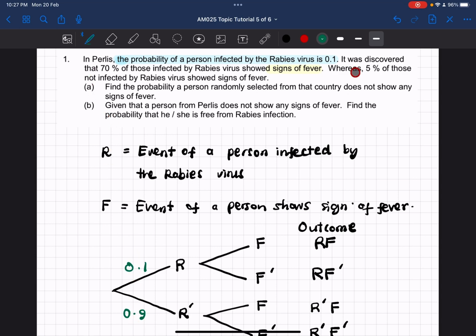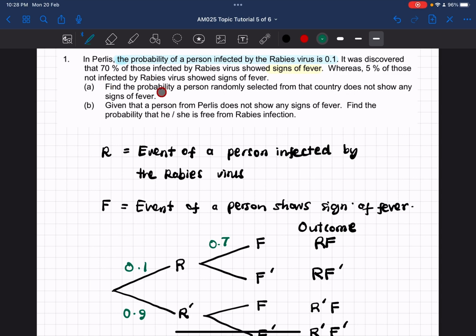Okay. It was discovered that 70% of those infected by rabies virus, so this is an event of those infected by rabies virus, 70% show the signs of fever. So we're going to put 0.7, because the event of F depends on this event of R. Whereas 5% of those not infected by rabies virus show the signs of fever.